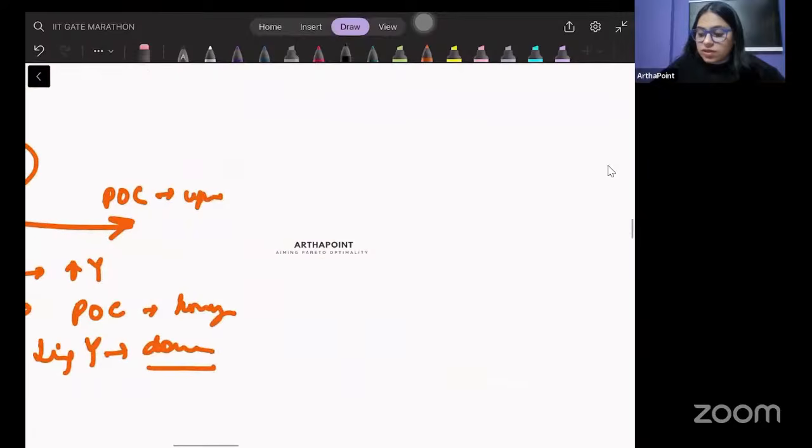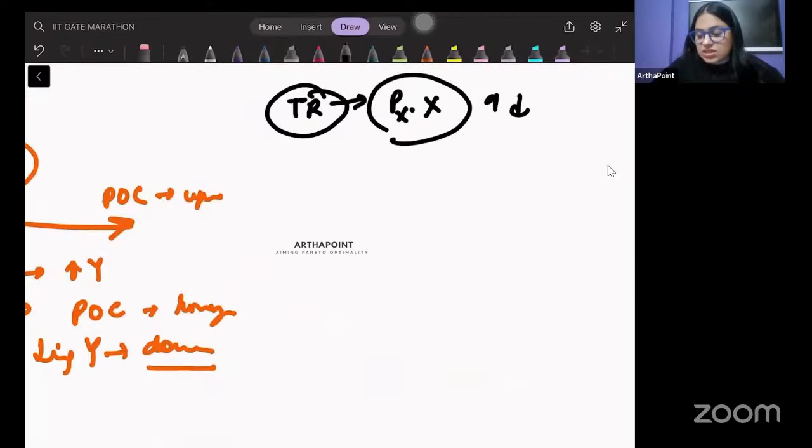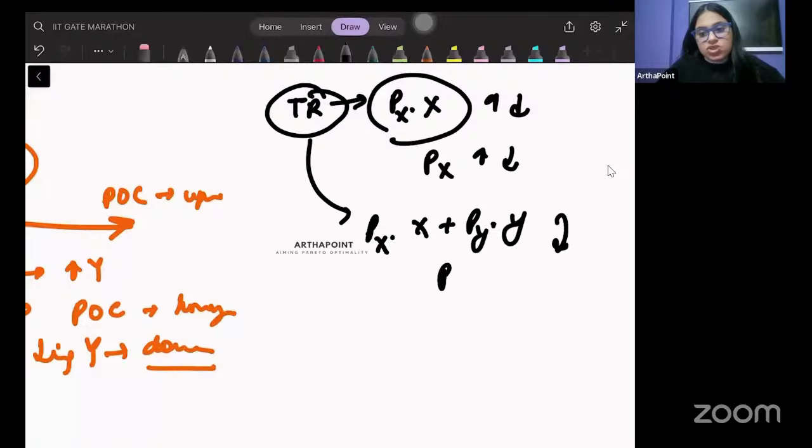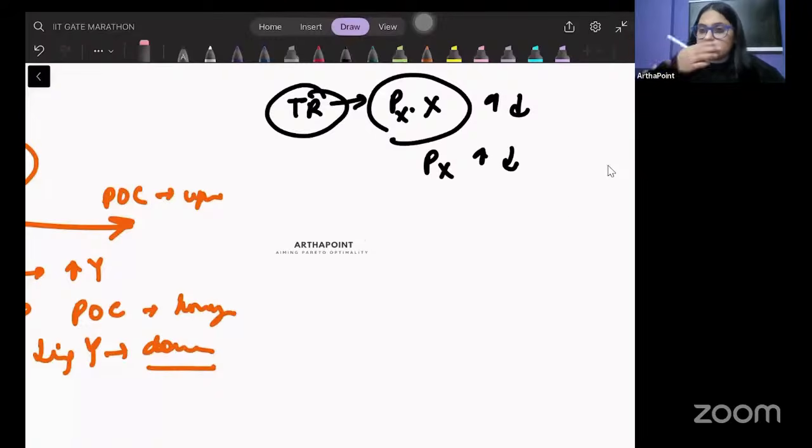Whenever you are using the revenue method or total expenditure method, there you only take px into x, and you check how this increases or decreases when px increases or decreases. In total expenditure you will not take px into x plus py into y and then check how this changes when px changes. We are not doing that. Total expenditure method is just to check the expenditure spent on good x when price of x changes. So it will not give me a hint about y.